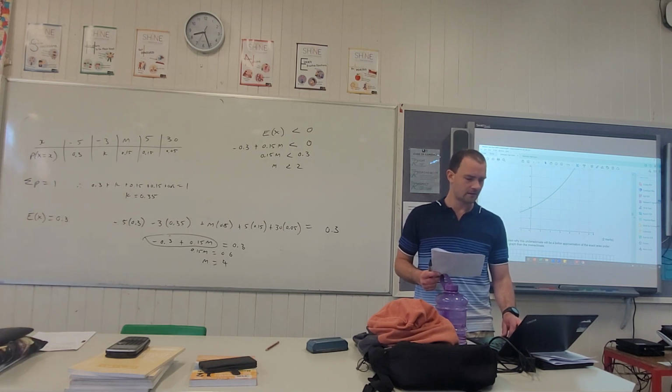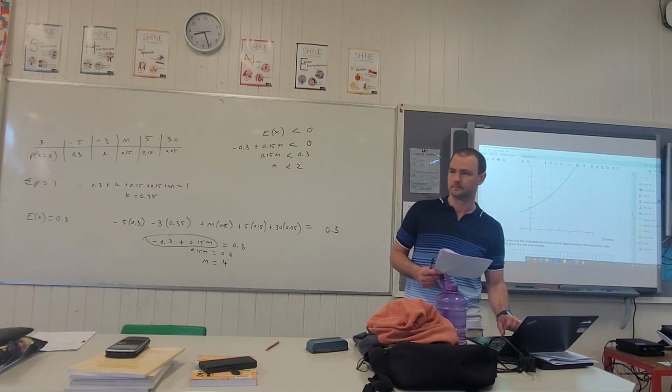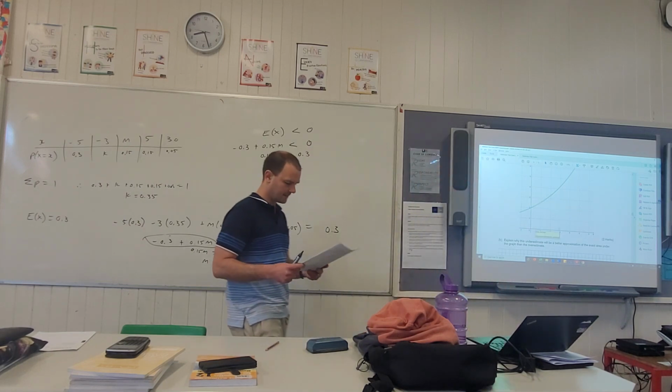So here's our first rectangle, all right, from 1 up to there, and then across and down. All right, our second rectangle from 2 up to where it meets the function, across to 3, and then down. All right, so I'll give you a minute to sketch those in.